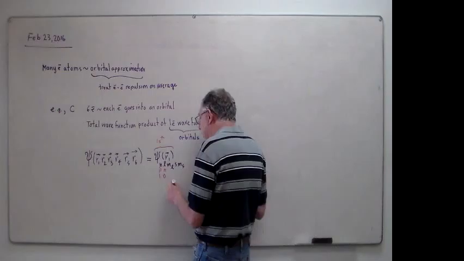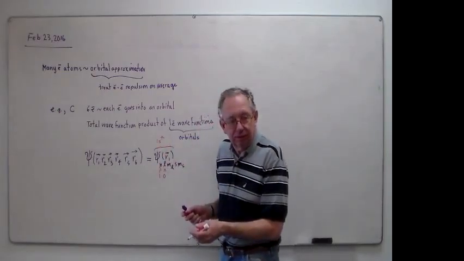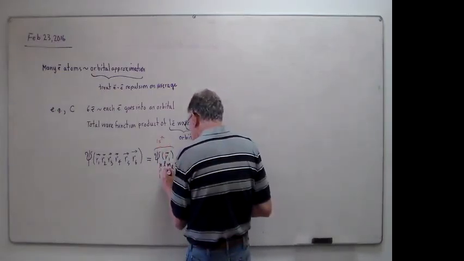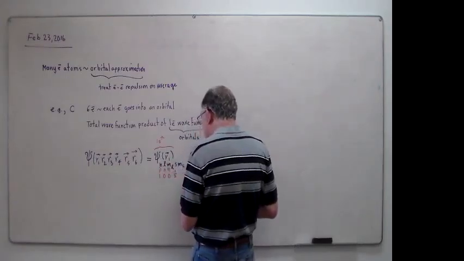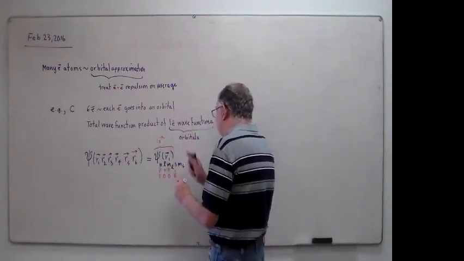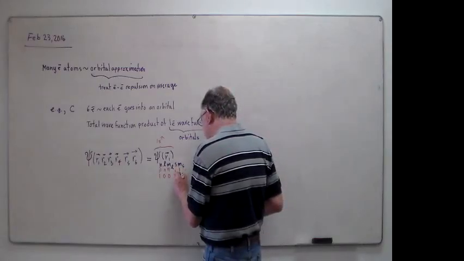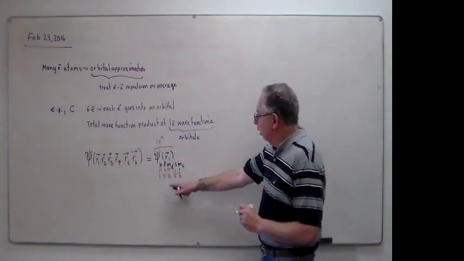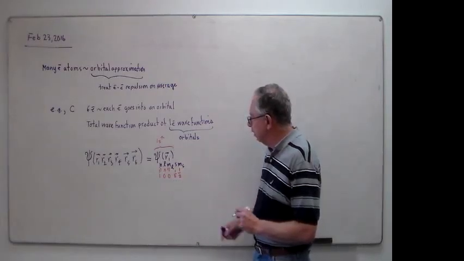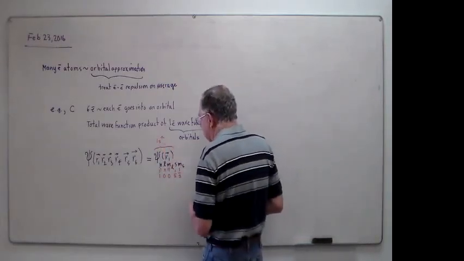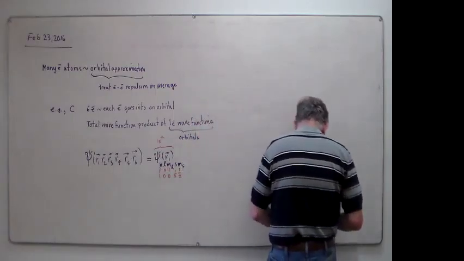And if l is 0, what's m sub l? 0. s is always 1/2. Up arrow means it's plus 1/2. So we have 5 quantum numbers, 1, 0, 0, 1/2, 1/2. And that's the same as writing 1s up.